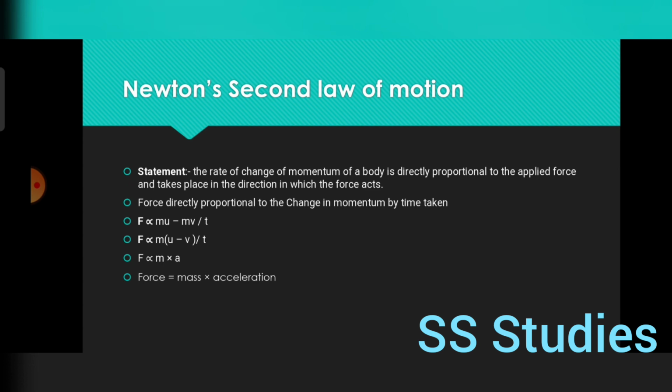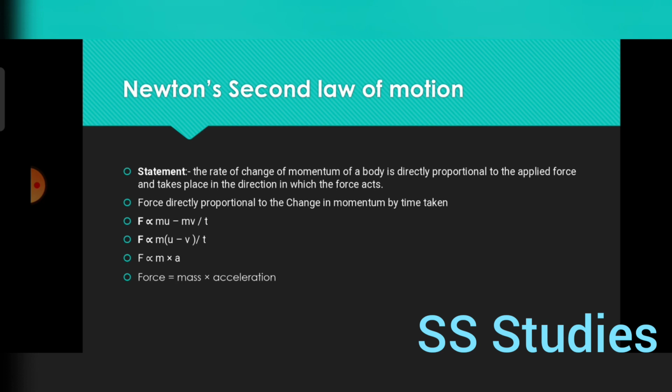Now we will discuss Newton's second law of motion. The rate of change of momentum of a body is directly proportional to the applied force and takes place in the direction in which the force acts. Force is directly proportional to the change in momentum divided by the time taken.